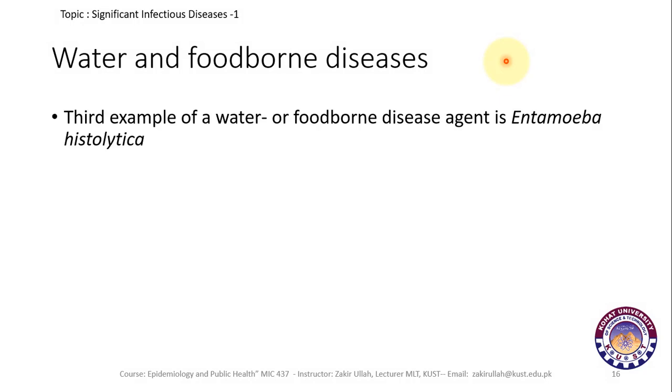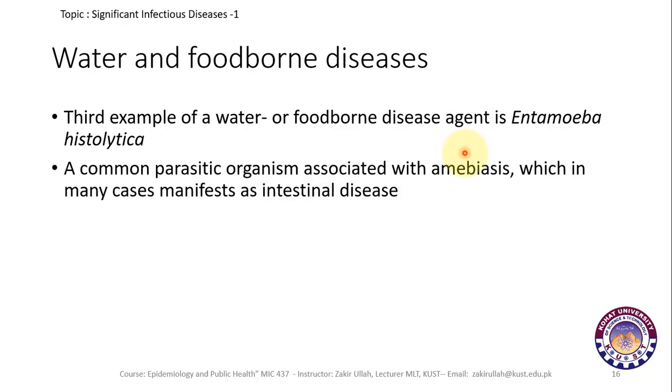The third example of water and foodborne disease is the agent called Entamoeba histolytica. This is a common parasite which is associated with amoebiasis and usually causes intestinal diseases, diarrhea, stool.